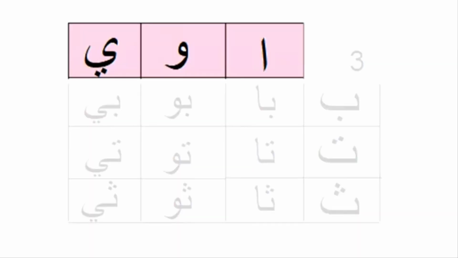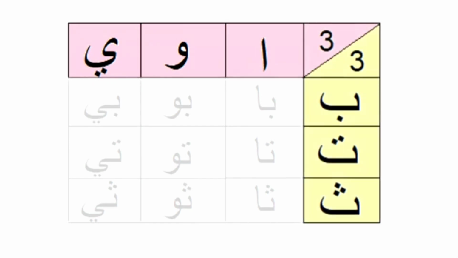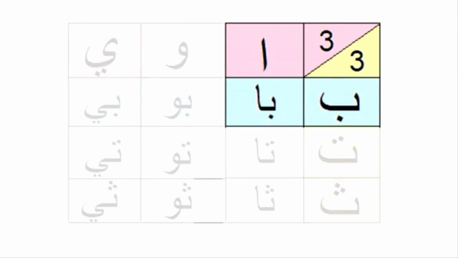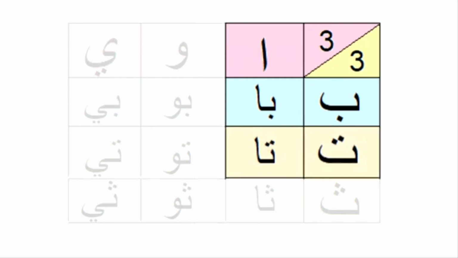Now we have 3 long vowels, alif, waw, and ya. We also have 3 consonants, ba, ta, and tha. So, ba and alif is ba. Ta and alif, ta. Tha and alif is tha.